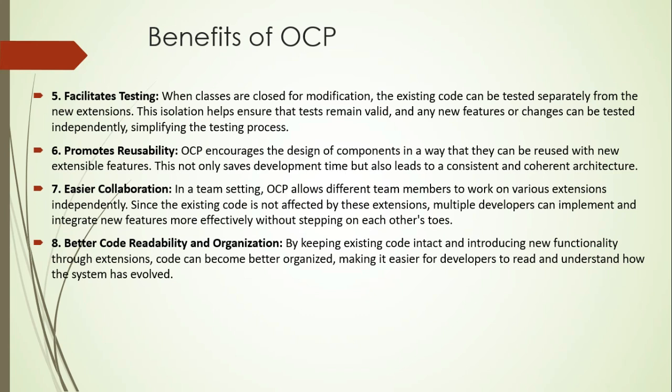Change is a part of every system, and many methodologies like agile welcome and embrace new changes. So change is expected. But what does OCP tell us? OCP tells us that we should extend the code.